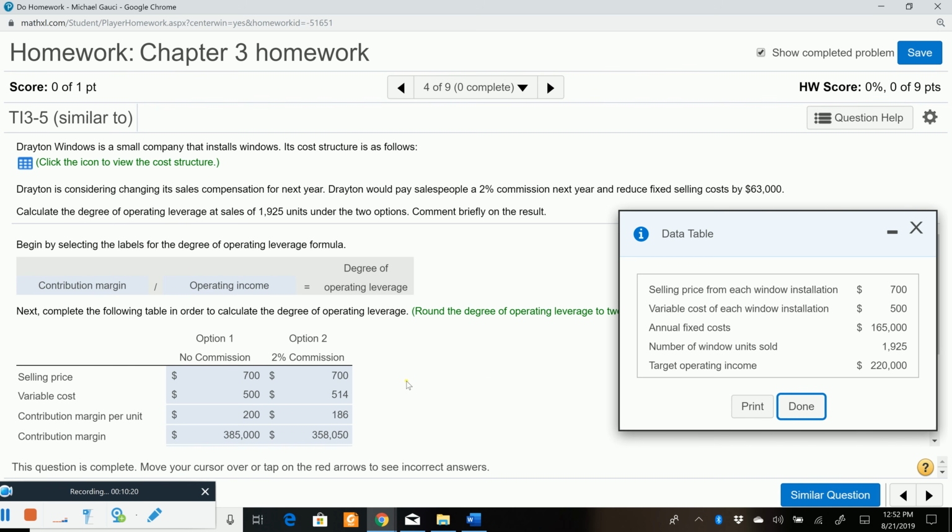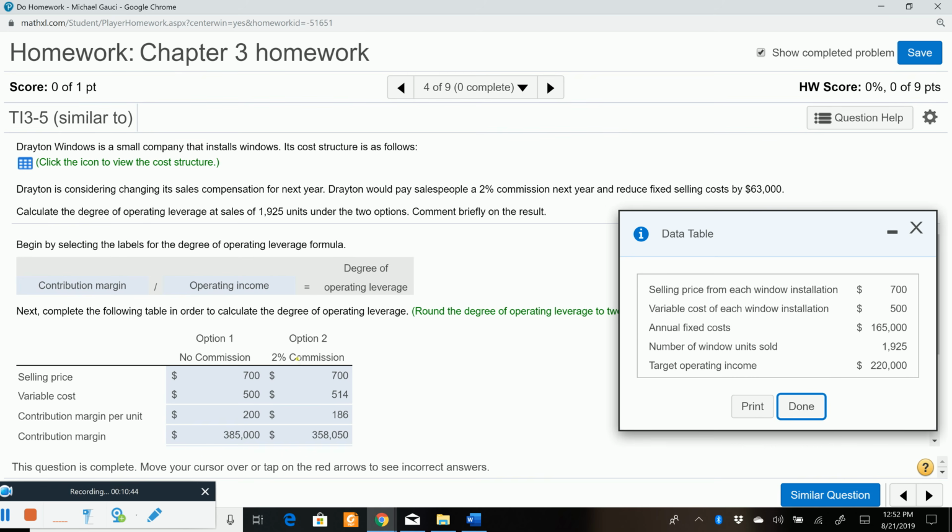So let's take a look at option 1. With option 1, there's no commissions. The selling price was given to us, and I have that over here in the table on the right. The selling price is $700, and that's the same whether we give out option 1 no commission or option 2 commission. The variable cost was $500 with no commission.